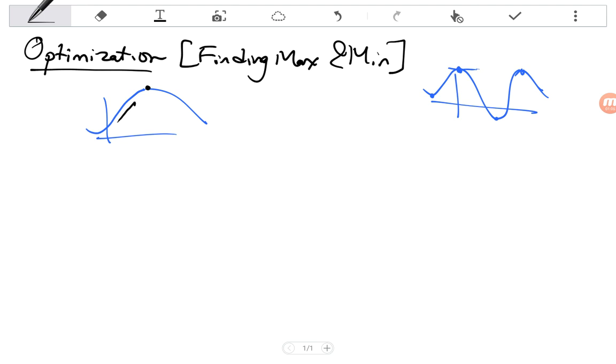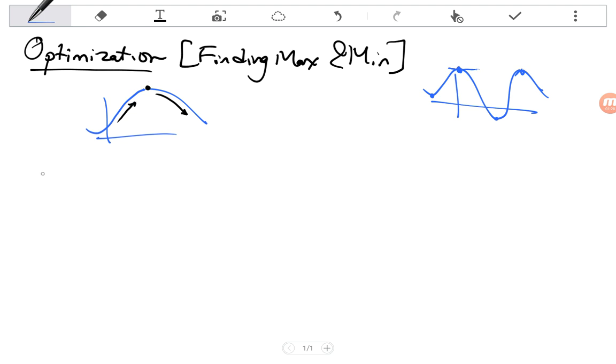The function was increasing, then afterwards it is decreasing. So what determines if the function is increasing or decreasing? We learned that the sign of the derivative determines whether the function is increasing or decreasing.